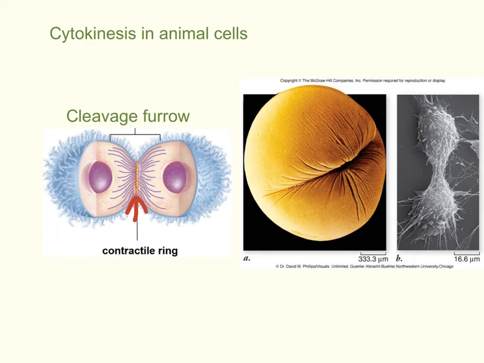This creates a furrow known as the cleavage furrow. The contractile ring continues to squeeze, pinching the cell in two. Sometimes it can start at one end of the cell and just squeeze until it gets to the other side, sort of slicing the cell in half.